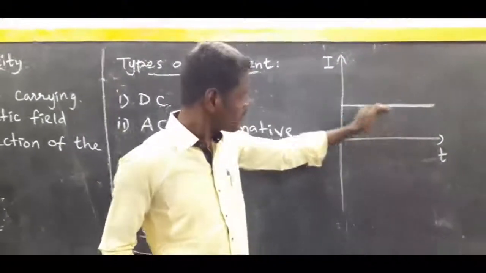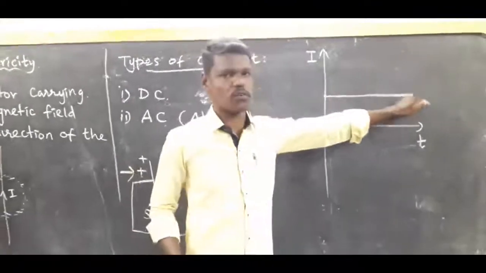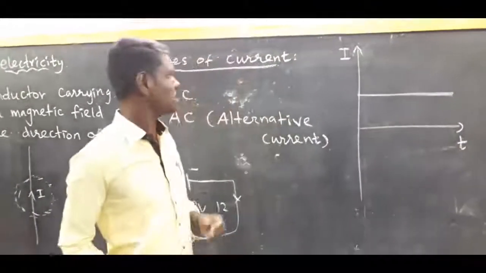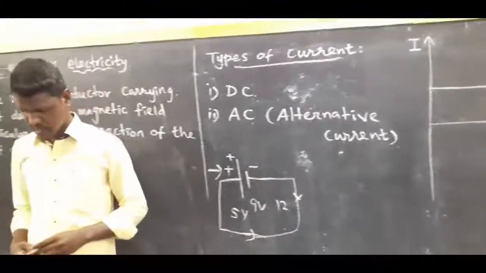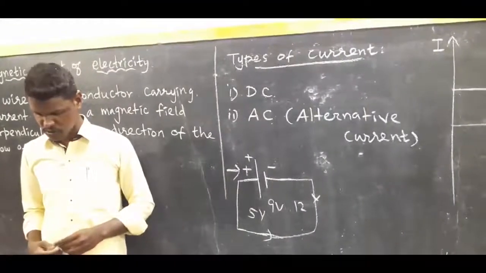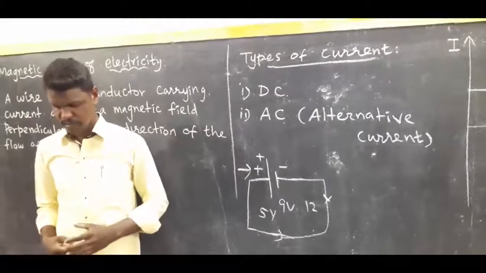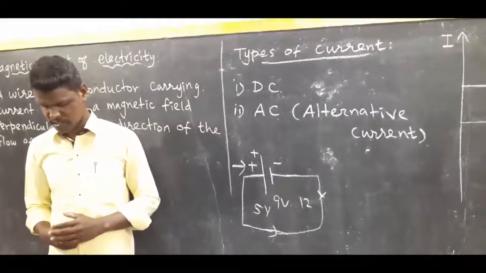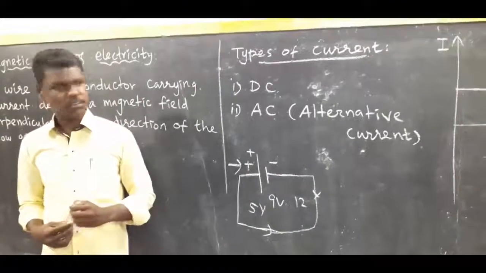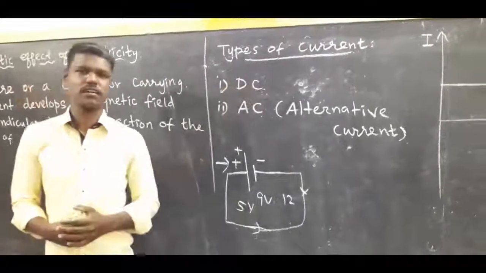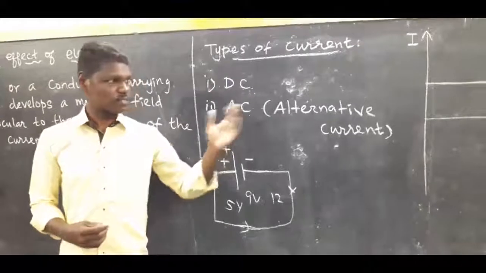During the time interval, constant current will flow. So that is DC current. I think the book itself gives the battery, which is used to supply DC voltage. The graph shows the direction of current and everything.